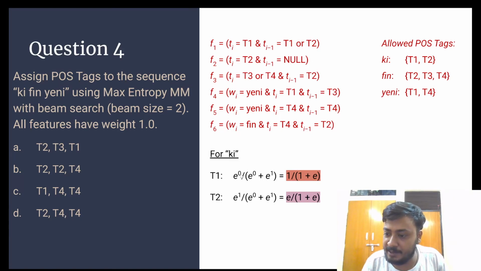Had there been weights given, then you would have had to multiply those weights based on which feature is applicable, making the problem even more complicated. So if you just remove the lambda part, which are the weights, you just need to count how many features are applicable for the given combination.